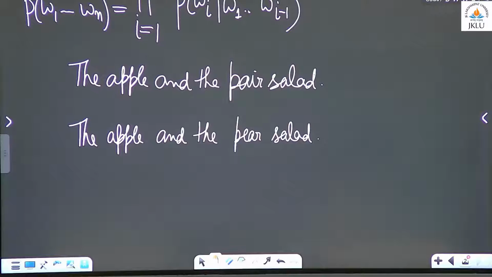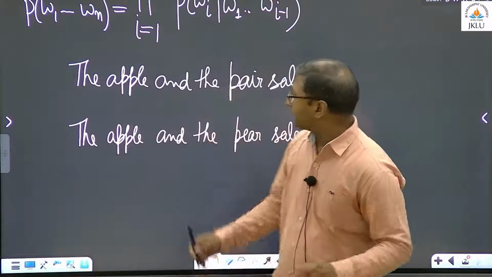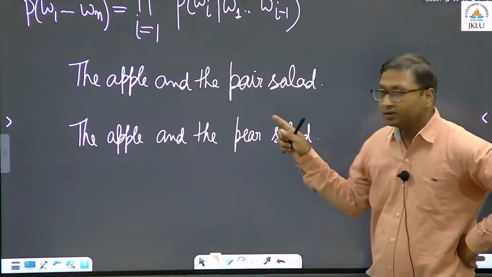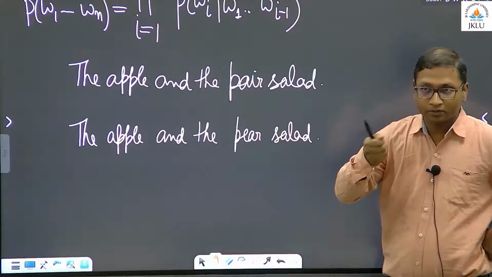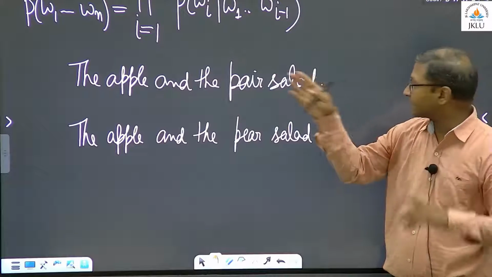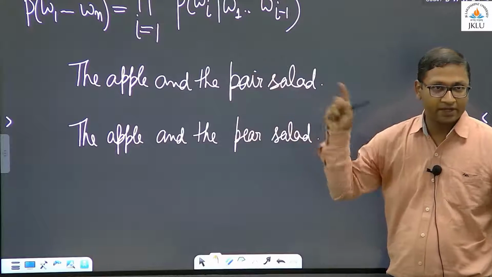So if you have a speech recognition system and somebody said the apple and the pear salad, which one, your speech to text system, which of the two sentences should it go for?